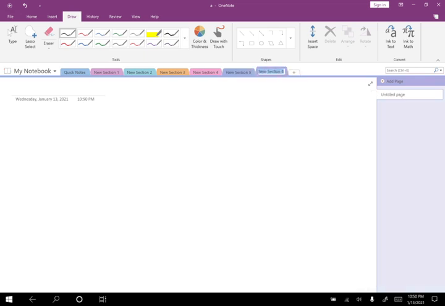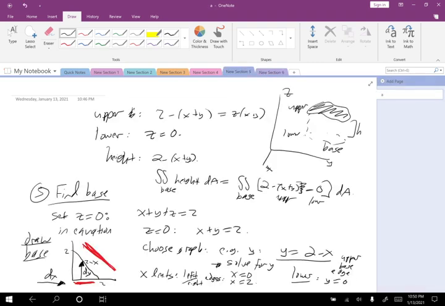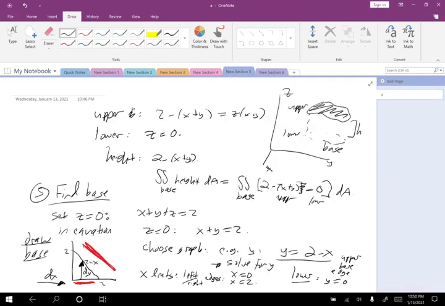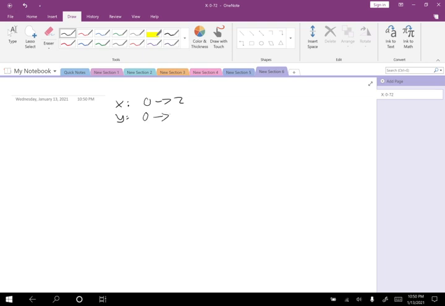So our x limits, they were 0 to 2. Our y limits, they were from y equals 0 to y equals 2 minus x. And then finally, our z, well, okay, we now have the ability to do a double integral.